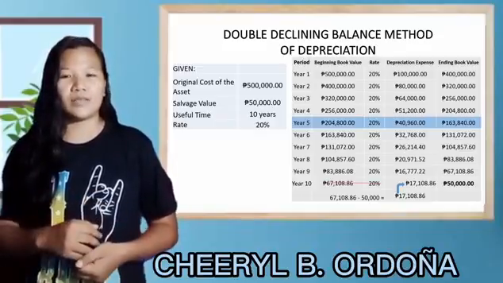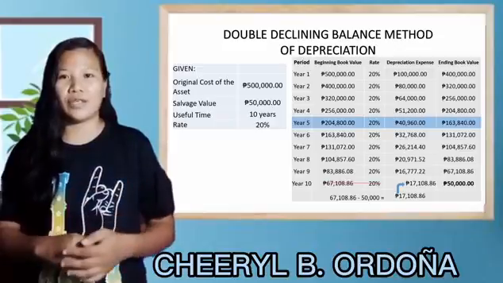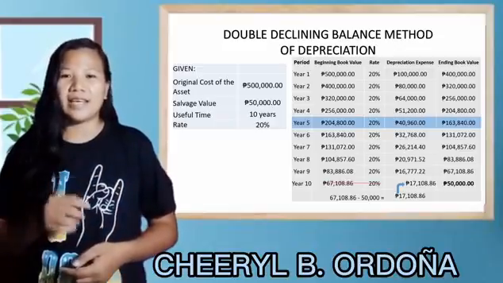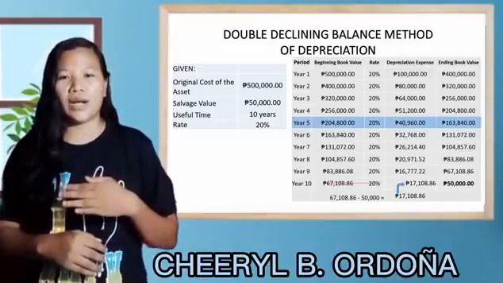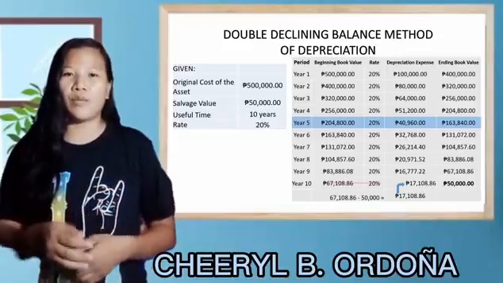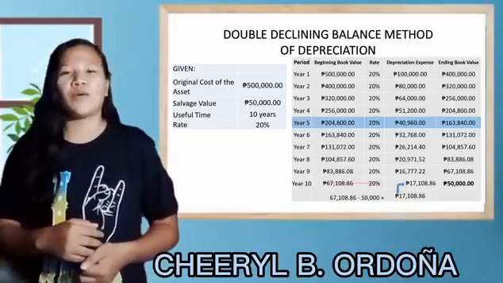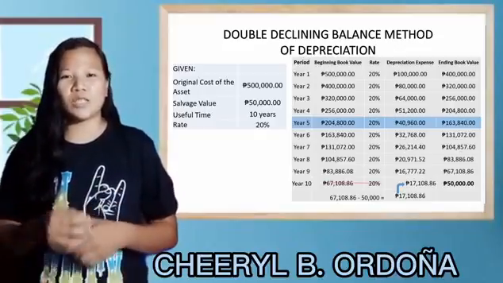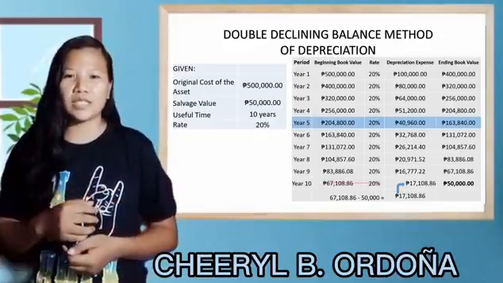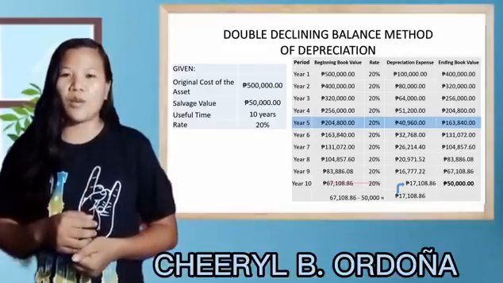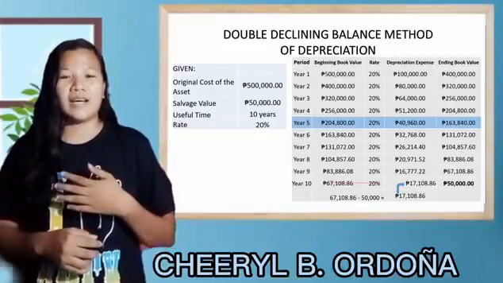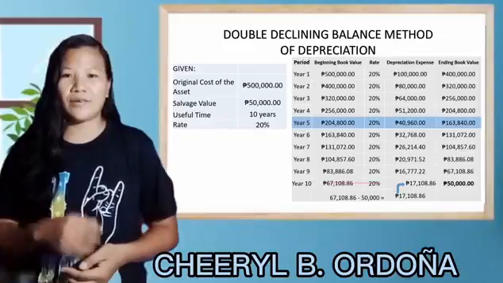Now, look at the second row or the second year. The ending balance from year 1 is now our beginning book balance in year 2. Now, repeat the process: to calculate the depreciation expense, multiply the beginning book balance and the rate.